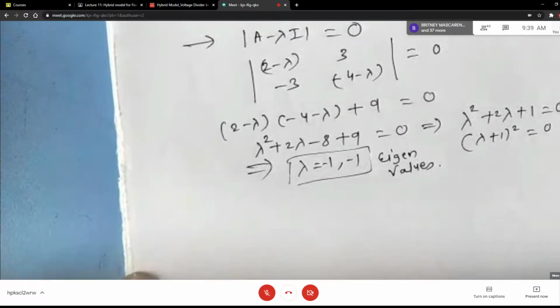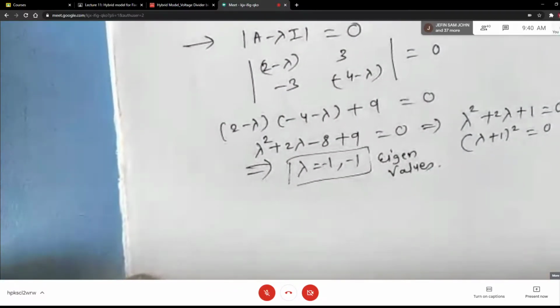Any doubt, students, still here? Okay, now once you get the eigenvalues, observe these eigenvalues, these are definitely repeated, correct? And therefore, the previous diagonalization method which we used for the previous two problems will not help. You have to go for this general method, okay? Now look, what are the steps we follow?